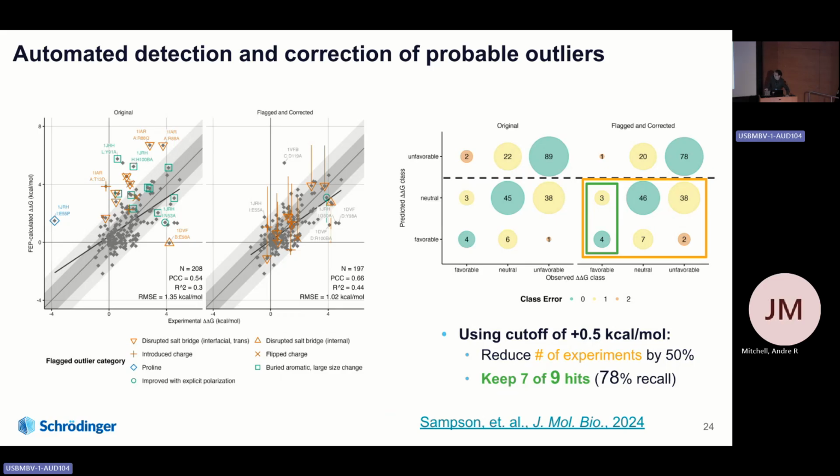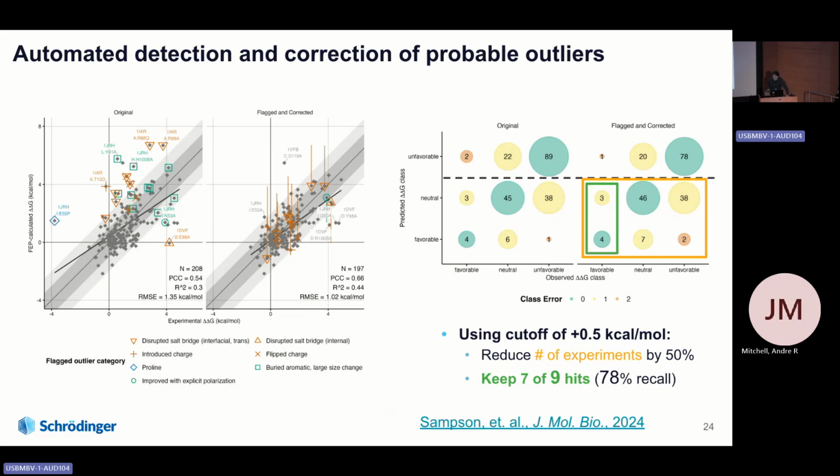Say, for example, on this very large data set, after excluding the cases where our empirical method identifies likely outliers and also introducing a one-parameter correction for the charge-breaking mutations, the RMSE for this large data set reduced from 1.35 to 1.02, and with perfect classification accuracy.